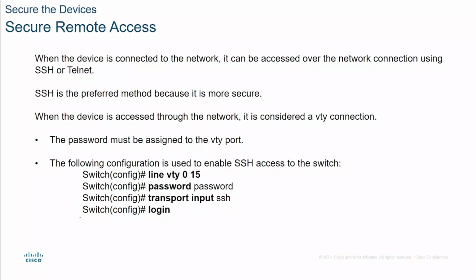For example, when you open the VTY port with this command, it asks for a password and you set it up. Then transport input SSH. Remember, do not use Telnet. Telnet is exposed; every one of your passwords will be sent as plain text over the network.